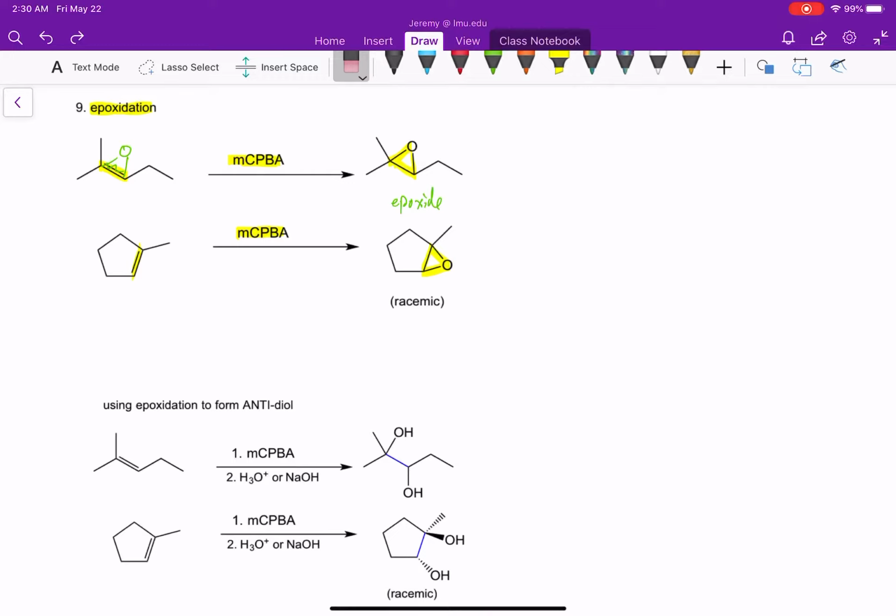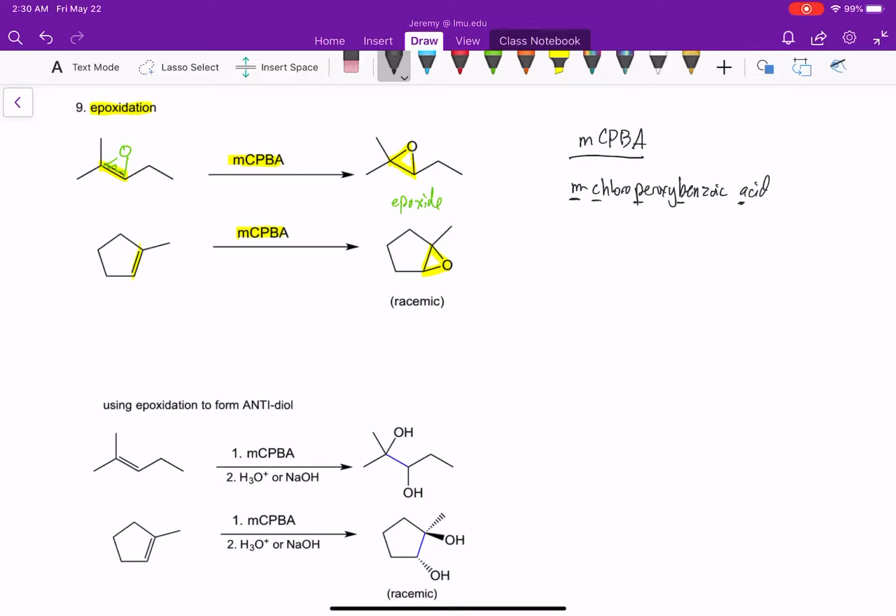So let's look at the structure of MCPBA. MCPBA stands for meta-chloro-peroxybenzoic acid. As organic chemists, we like keeping things simple, and that means using lots of abbreviations.